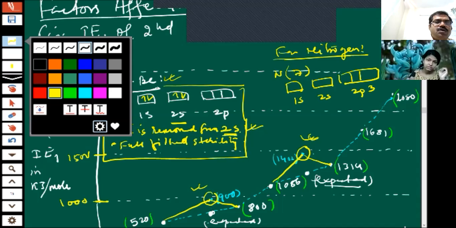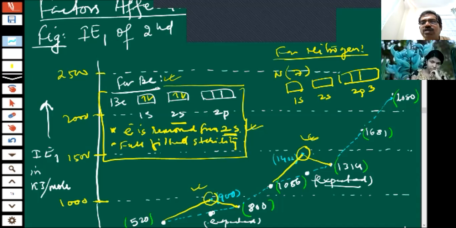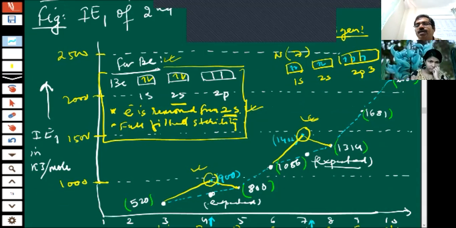So when you fill the electrons, the situation will be like this: single, single, single. The electron is removed from the p orbital. But again, there was a factor for ionization energy, that is electronic configuration, full filled and half filled.